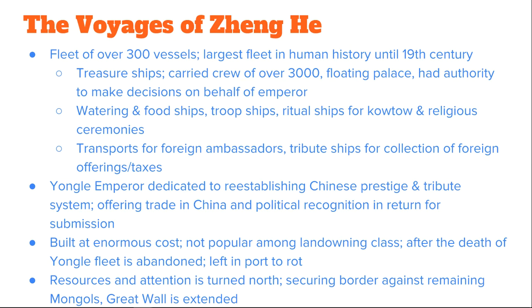So this is a massive, massive undertaking. And the reason why Yongle decides to dedicate so much time and resources to this is to reestablish China's prestige and reestablish the tribute system in South and East Asia.